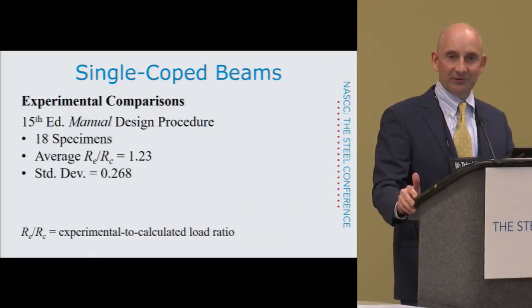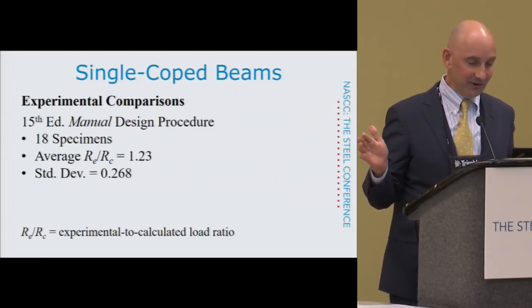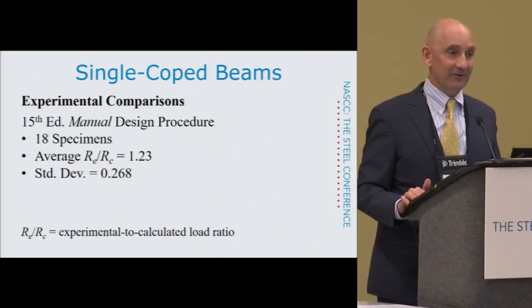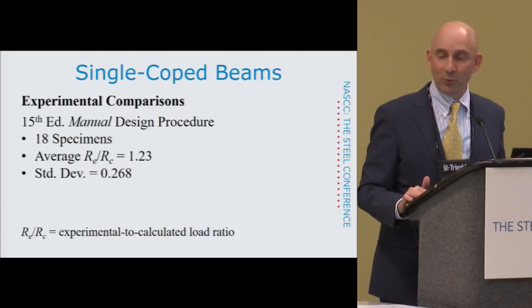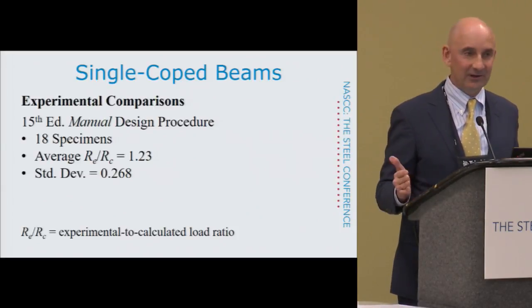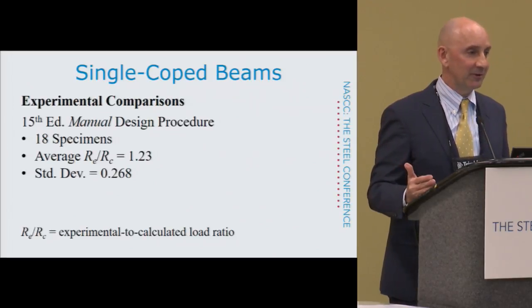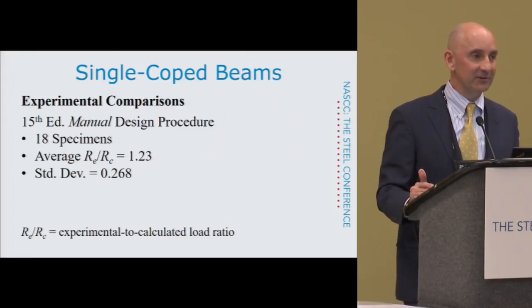And using the design procedure, I don't want to bore you with all the numbers, we'll look at the figure next, but the experimental to calculated ratio using that design procedure in the manual, this is all nominal, is 1.23. And the standard deviation is fairly large if you're thinking about designing a beam or a tension member or something like that. But for connections, the 0.268 is pretty reasonable.